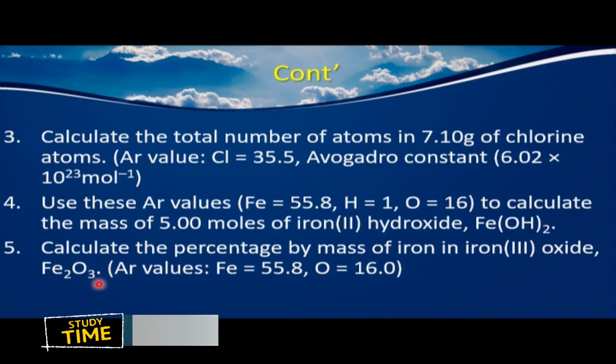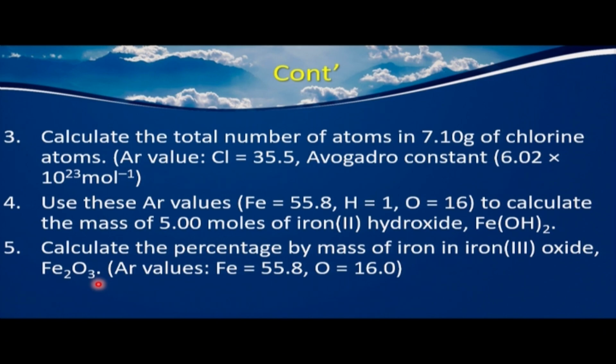Okay, so you can see that there is a certain relationship between what we are studying today and what has already been covered in Senior 1 and Senior 2, okay? So you don't have to forget what we have already covered. And how do we work this out? Percentage by mass, it's the percentage by mass of iron in the compound.